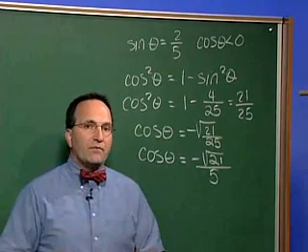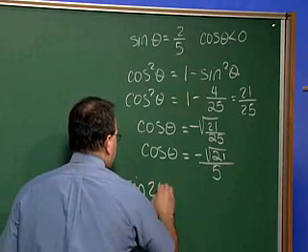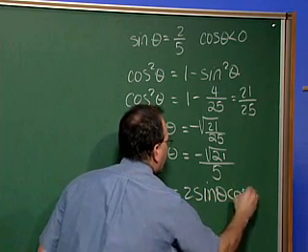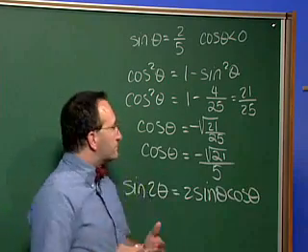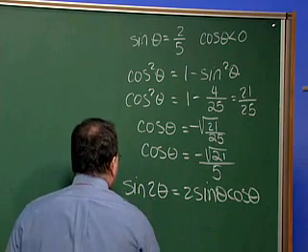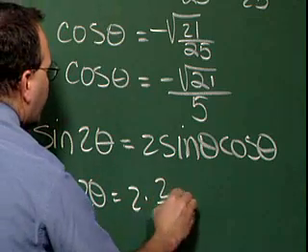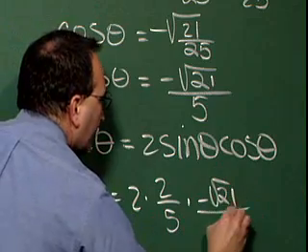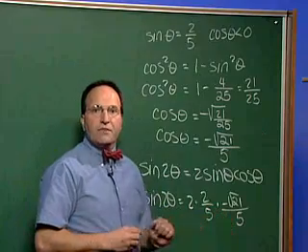Since we have both of them, we can now go to sine 2 theta, which is equal to 2 sine theta cosine theta. And we can plug in the correct values for each of those. Sine 2 theta is 2 times 2/5 for the sine of theta times negative square root of 21 over 5 for the cosine of theta.